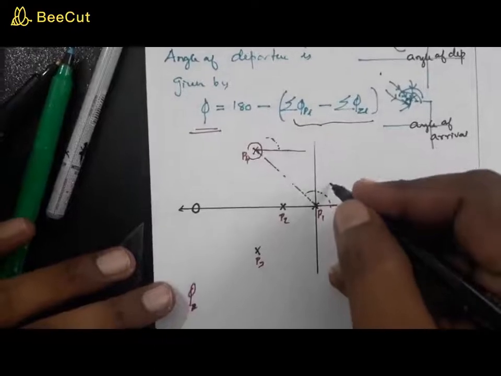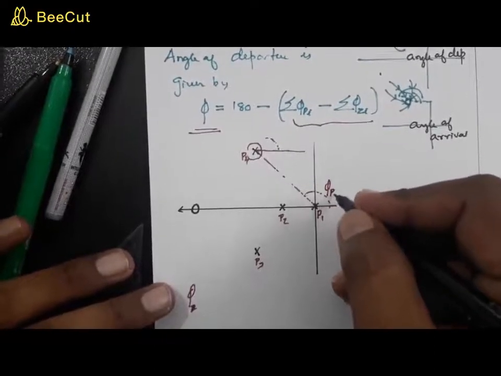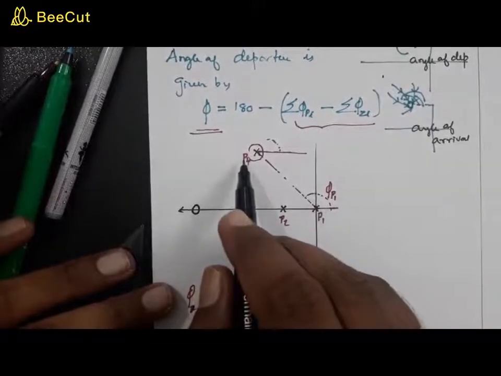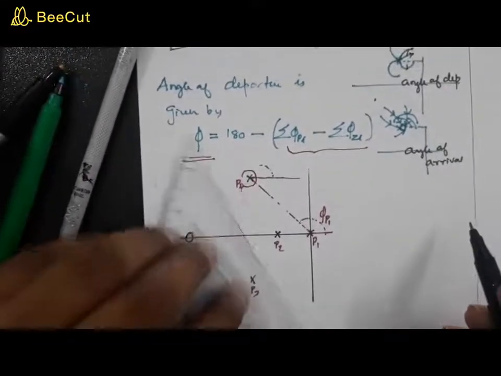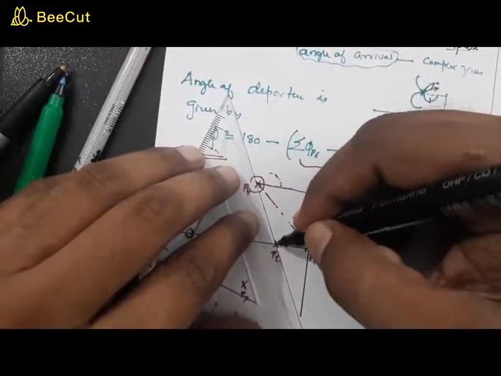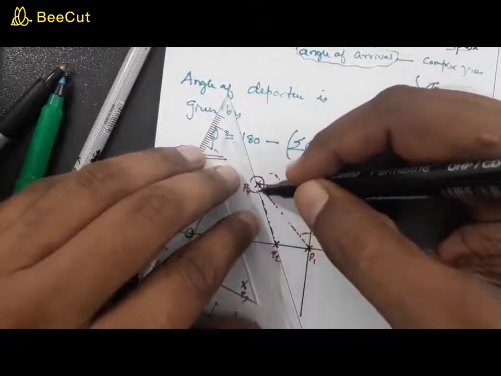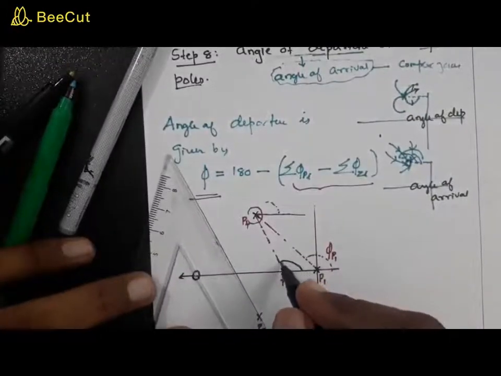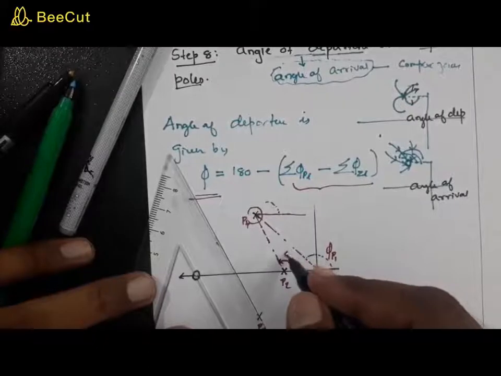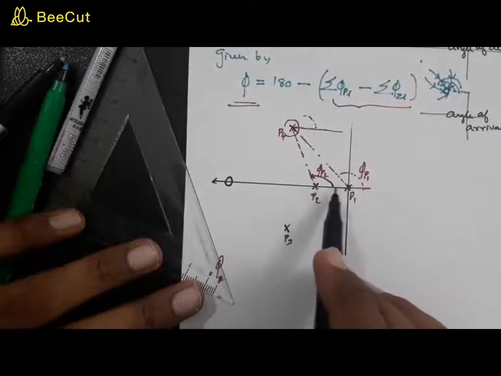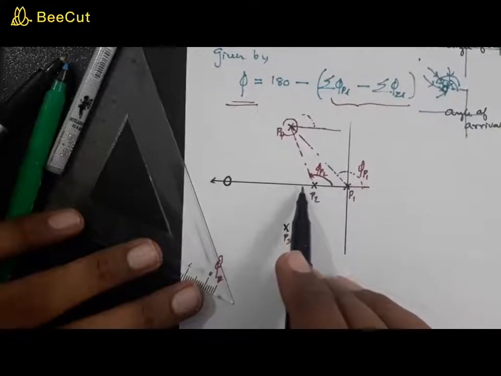So this is the angle phi P1, or the angle contributed by pole P1 on P4, right? Similarly, you may draw a straight line joining these two poles, and using the protractor you can measure this angle. Call this phi P2. Do remember, you need to take the measurement from the right of this pole, from the real axis, in the anti-clockwise direction.